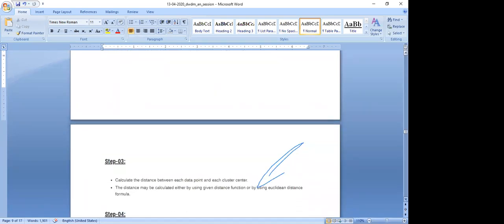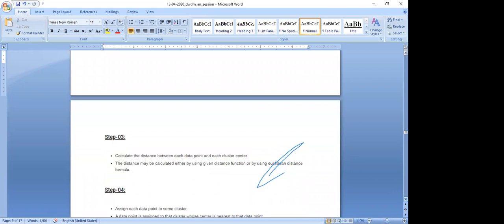Next, step 3. In step 3, we have to calculate the distance between each data point and the cluster center. What is the formula for that? When taking the Euclidean distance, it is x1 minus the clustered data point.